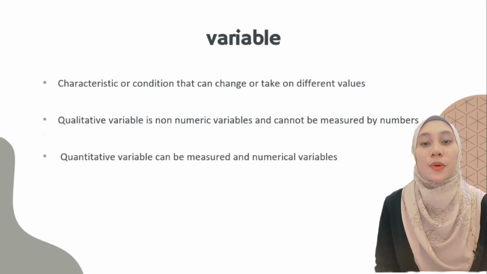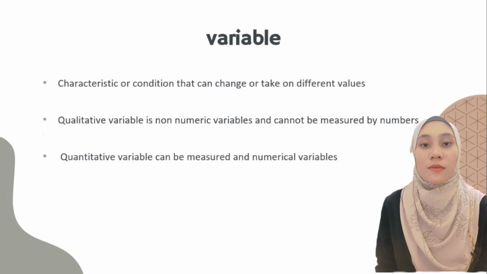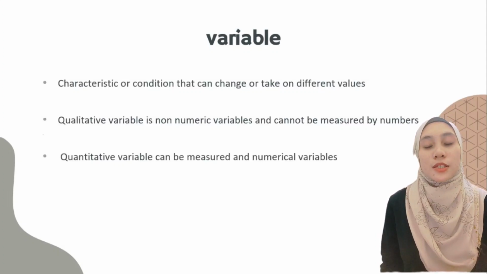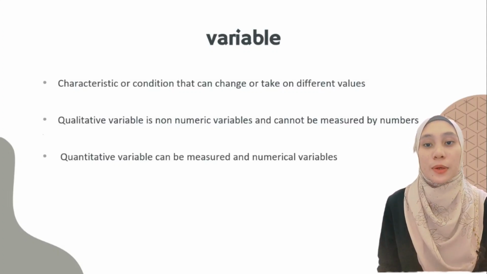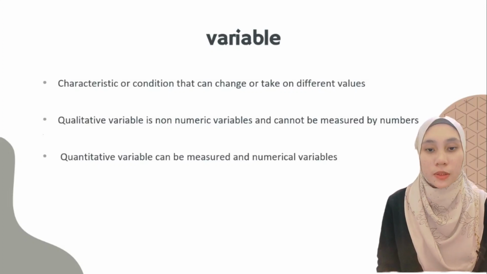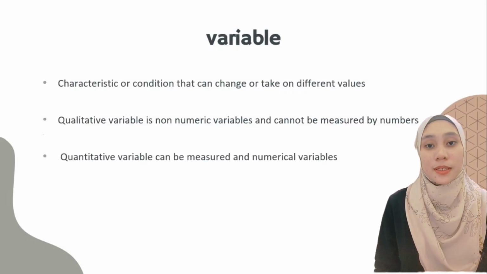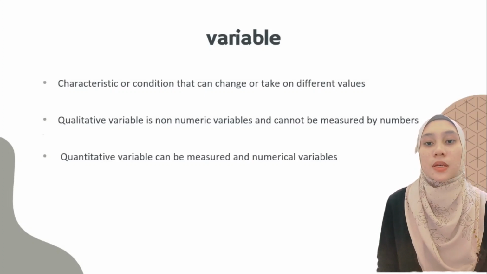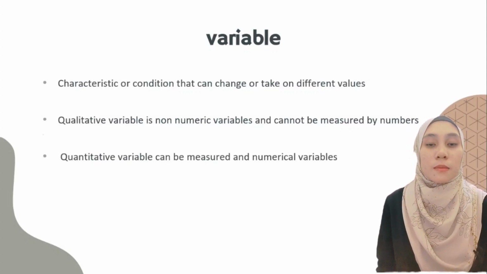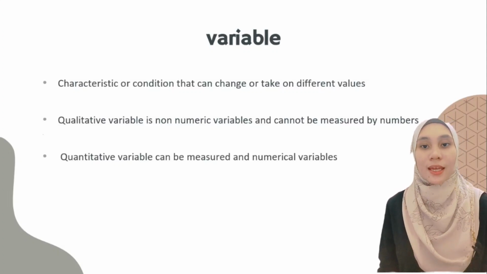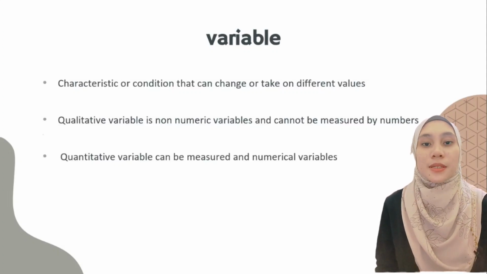Qualitative variables are non-numeric variables and cannot be measured by numbers, but quantitative variables can be measured as numerical variables. For this assignment, we use quantitative variables because we want to discuss the number of students who obtain A in SPM in 2019.